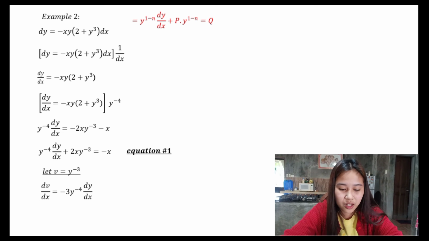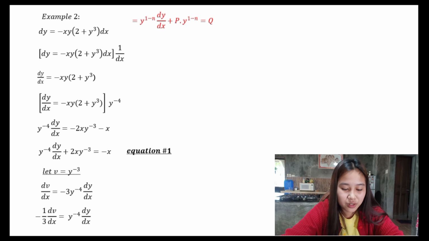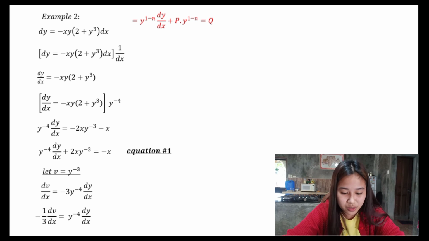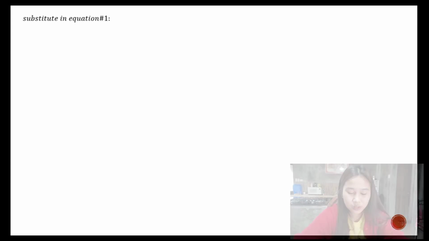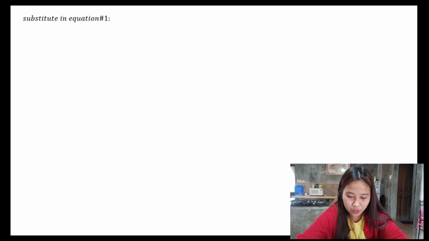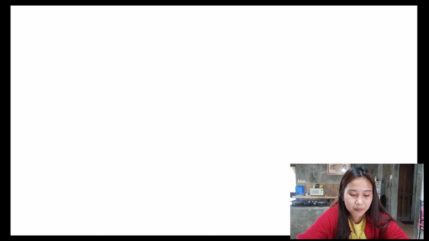I-times natin siya sa 1 over 3 para makancel yung constant ng y raised to negative 4. And magkakasagot tayo ng negative 1/3 dv over dx is equals to y raised to negative 4 dy over dx. Kung nakuha natin sagot, isa-substitute natin in equation number 1. Y raised to negative 4 dy over dx plus 2xy raised to negative 3 is equals to negative x.